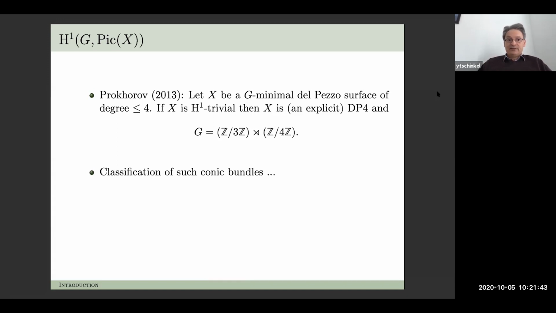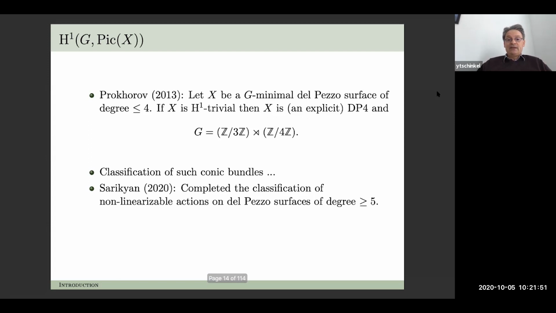And in the same paper, Prokhorov also classifies conic bundles with this property. And this work has been completed. There is a very recent preprint on the arXiv by Sarikyan, where he looks at non-linearizable actions on del Pezzo surfaces of degree greater than or equal to 5.